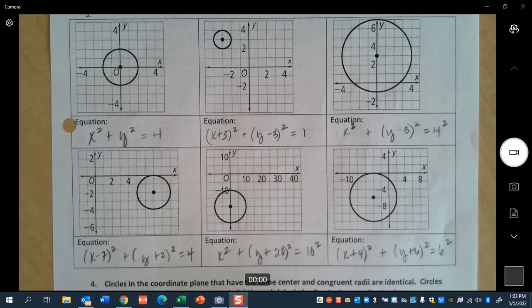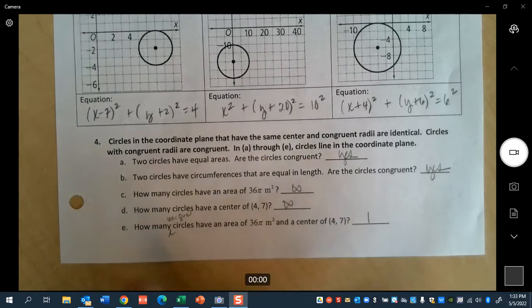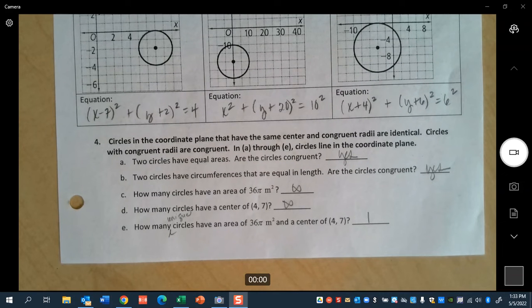All right, so it's kind of good to give some thought questions and let you guys have some extra processing of what we're talking about. If we have circles in the coordinate plane and they have the same exact center and they have congruent radii, then they're identical, because if they have the same center and the same radius, that's going to be an identically overlapping circle.